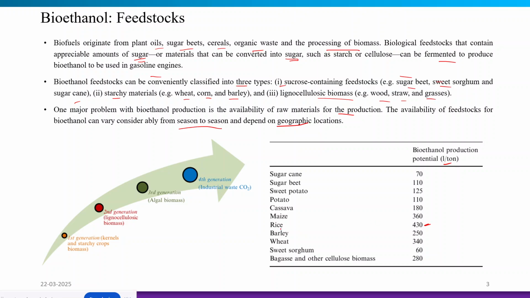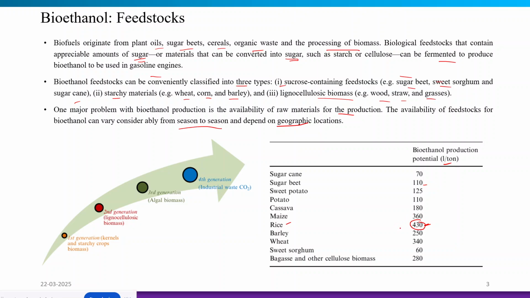Rice comes in the first generation biomass because it is an edible source of biomass, so it is giving more liters of bioethanol. Depending on the other biomass source variation, you can see most of the first generation biomass have a lot of potential to produce bioethanol.